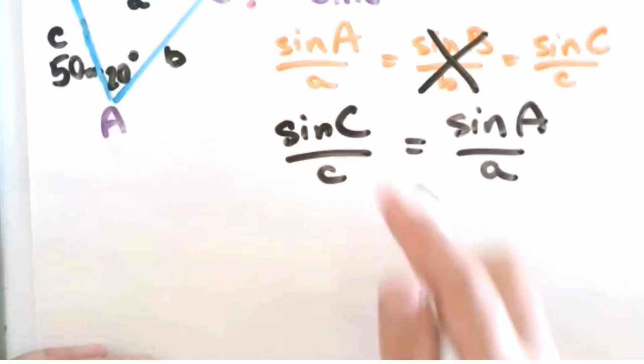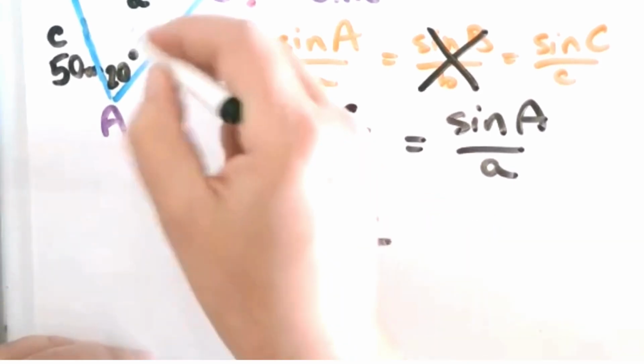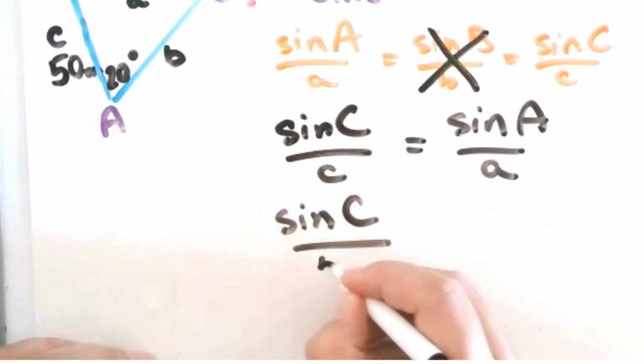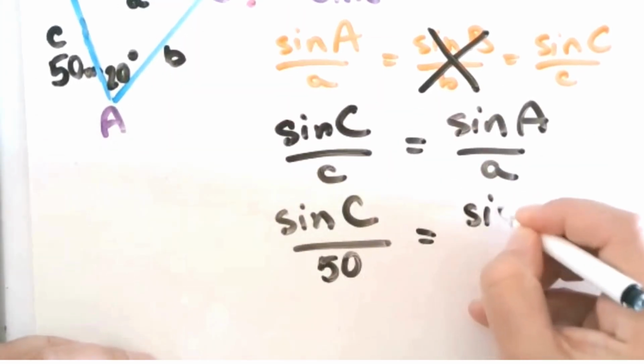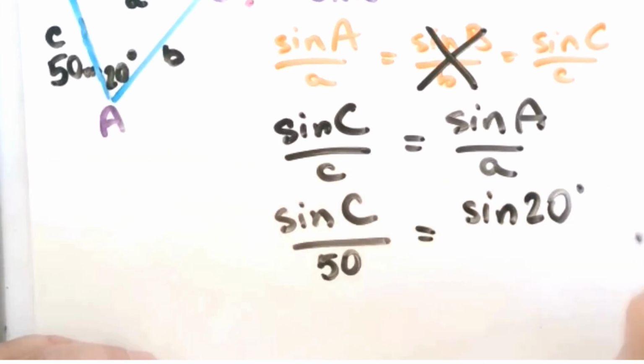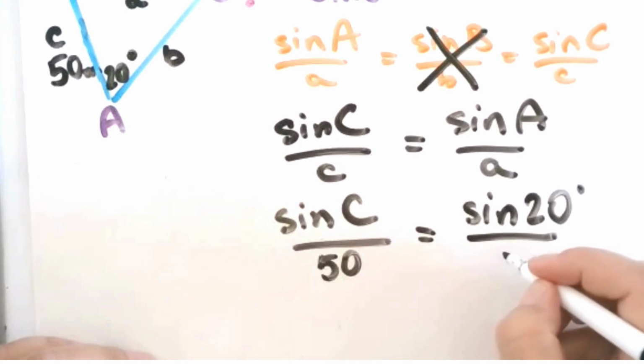Plug everything in. I'm still looking for sine C, right? So sine C over 50, that's my side length, equals sine of 20 degrees over 35.